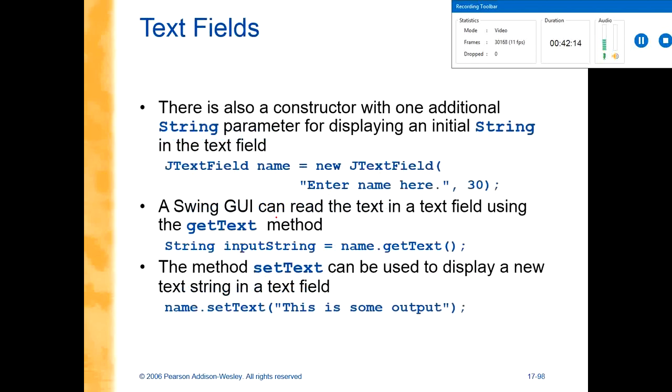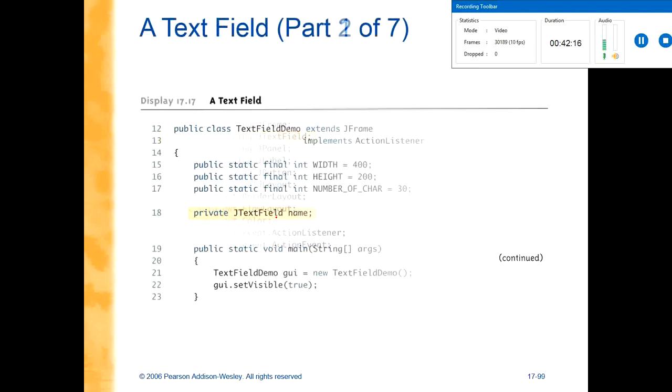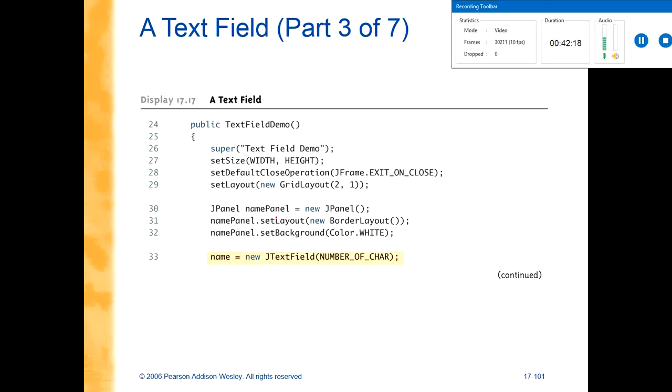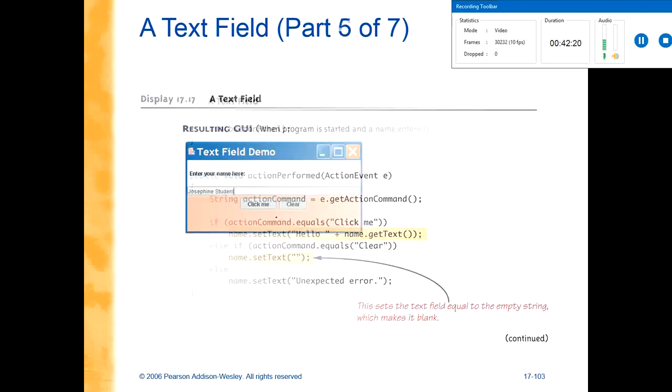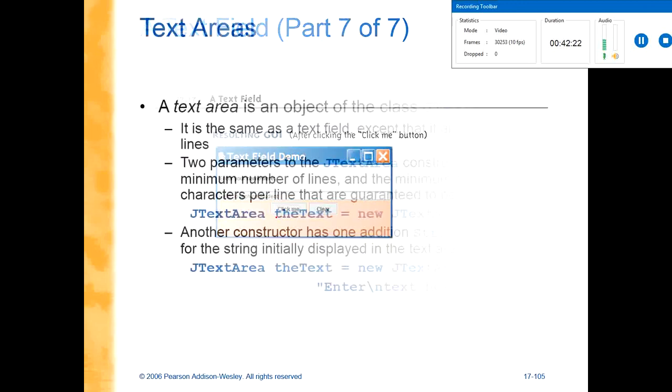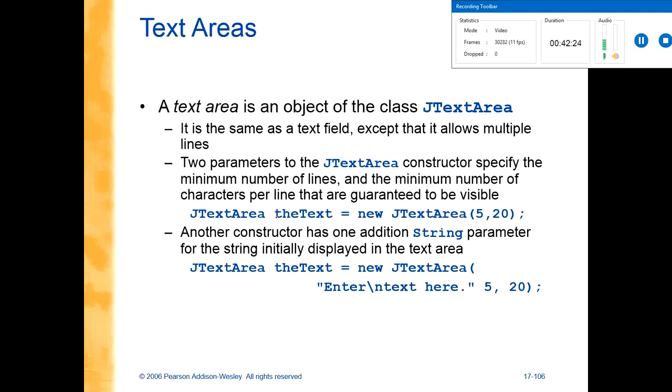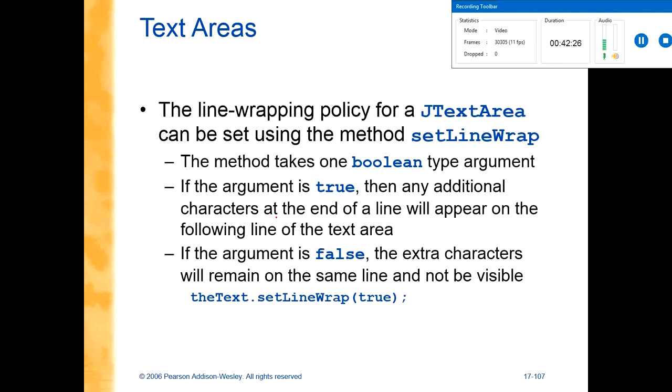So the rest is about JTextFields and text areas. We have already discussed text fields and text areas, but just a line of difference between them: a text area can take multiple lines of text. Now text area has an important property, the set line wrap property.